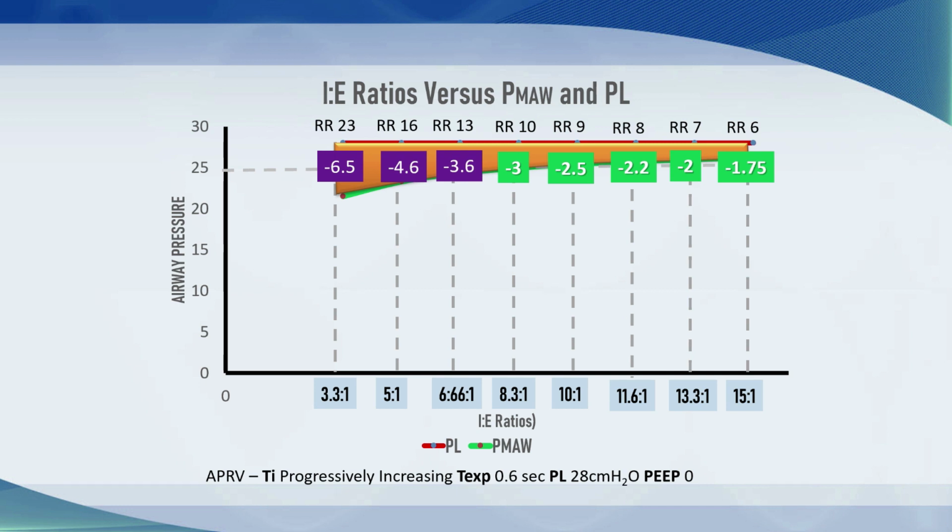Of course, you could give 12 breaths per minute if you wanted to, but that's what we're looking at, a 0.6 second expiratory time and probably 8 to 10 breaths per minute. Fewer breaths than that really make very little sense, because you can see here the difference between 9 breaths and 8 breaths is marginal. 9 breaths to 7 breaths really only about 0.5 of a centimeter of water of an increase in the mean airway pressure.